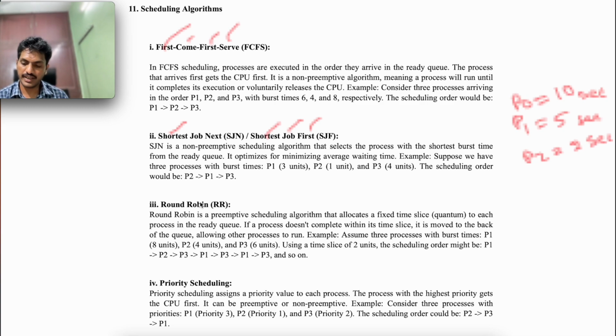So we need to execute P2 first, and then we give a chance to P1 with 5, because its requirement is less than P0. The shortest job will be given first priority.